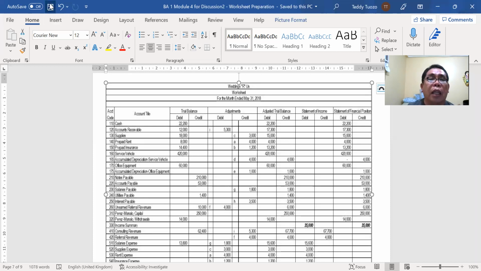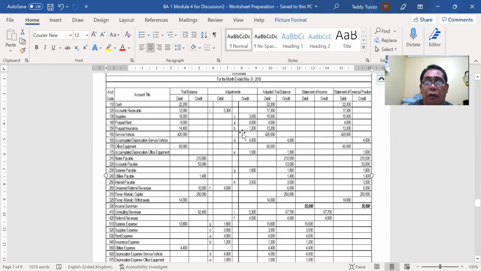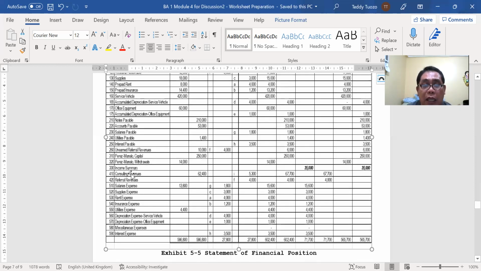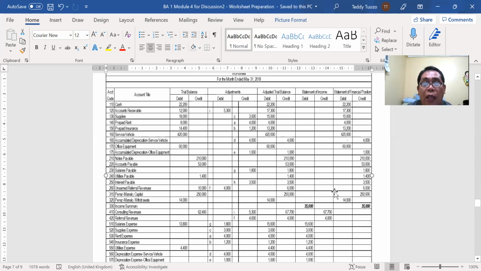So in completing the worksheet, we have already forwarded our income statement accounts down here. So not all accounts should be forwarded to the income statement; the daily income and expense accounts should not be forwarded to the statement of financial position.